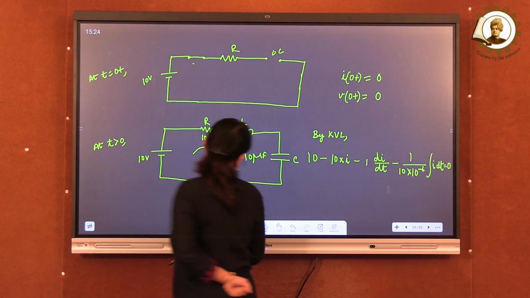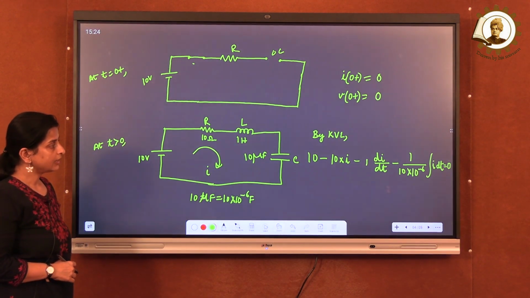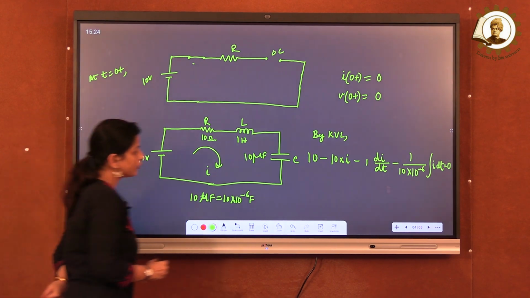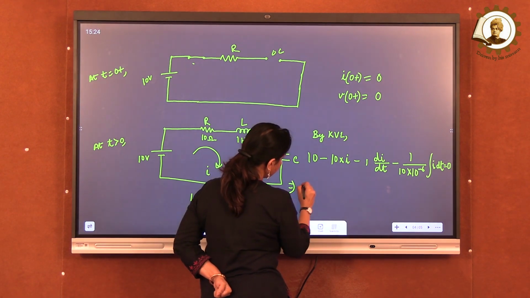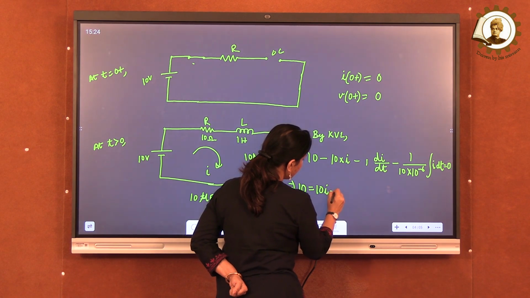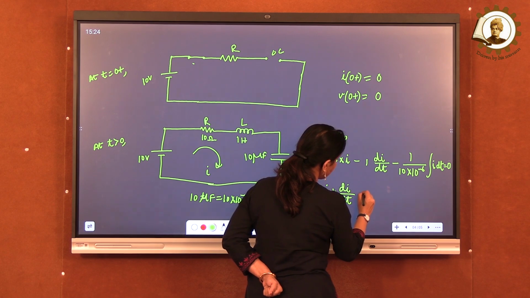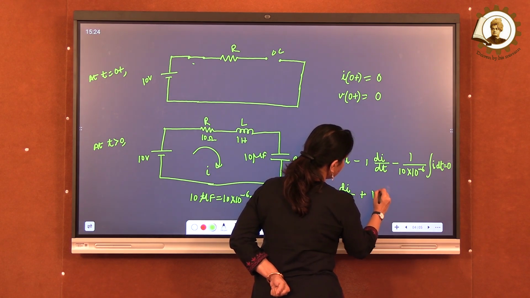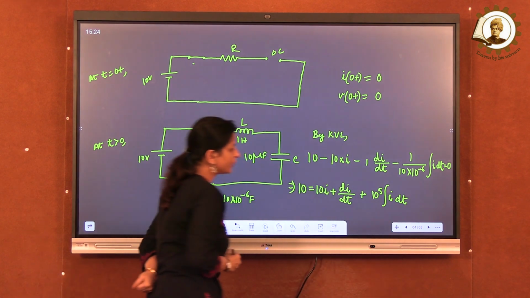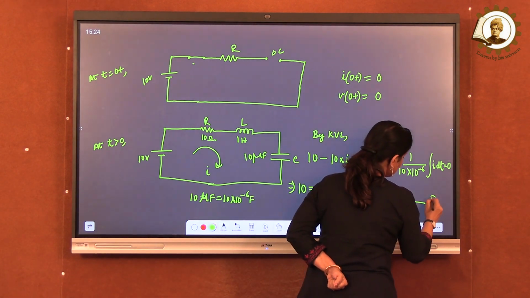So this is our equation: 10 minus 10I minus di dt minus 1 by 10 into 10 to the power minus 6 integration of I dt. If we rewrite this, we will have 10 equal to 10I plus di dt plus 10 to the power 5 integration I dt. So we can consider this as equation 1.